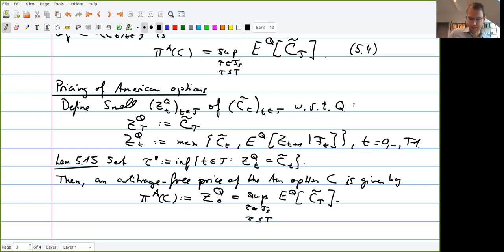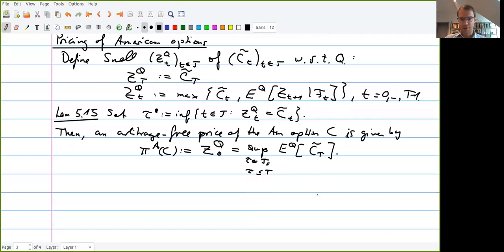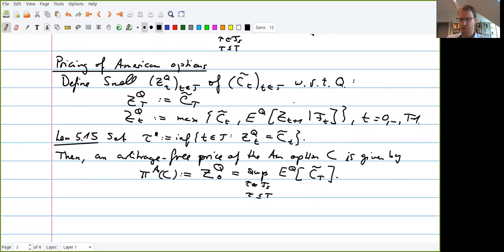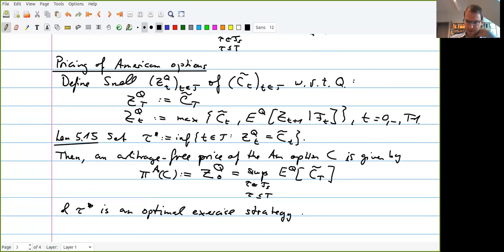Okay. Yeah, and we know even more. I mean, we have learned a lot about solving this optimal stopping problem. So what else do we know? Well, we also know that tau star here is, I mean, there might be more than one, and hopefully you will understand this in the next exercise sheets. So the optimal execution strategy here is given by the stopping time tau star.